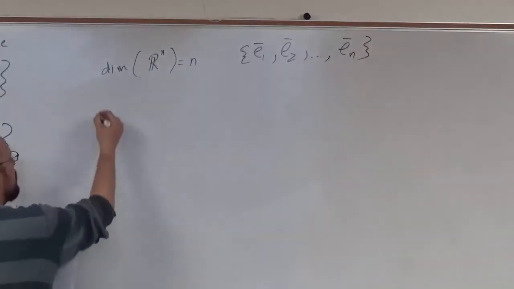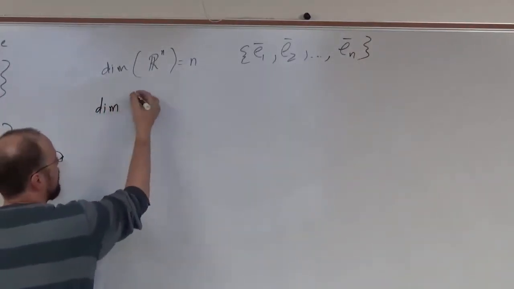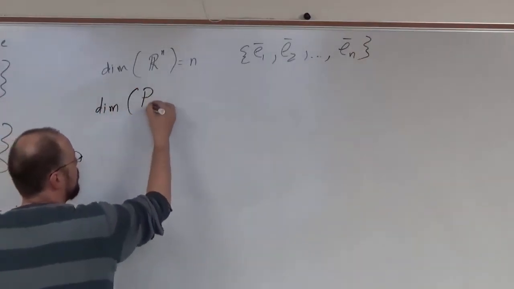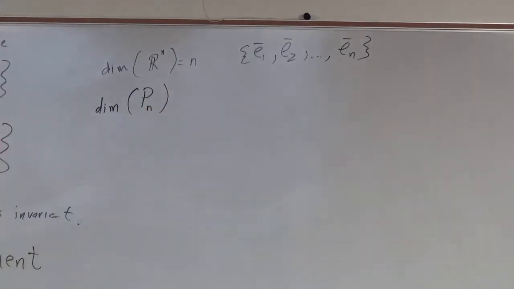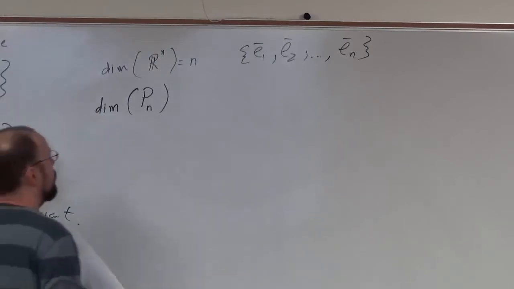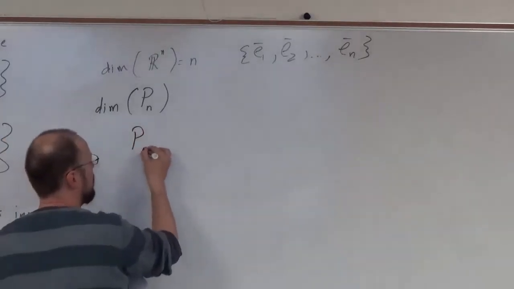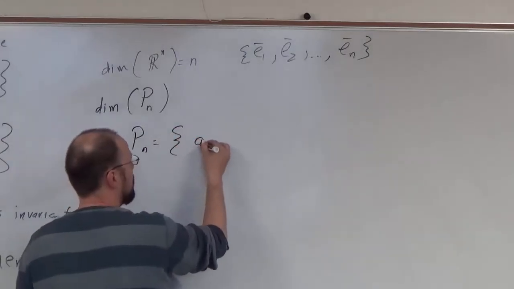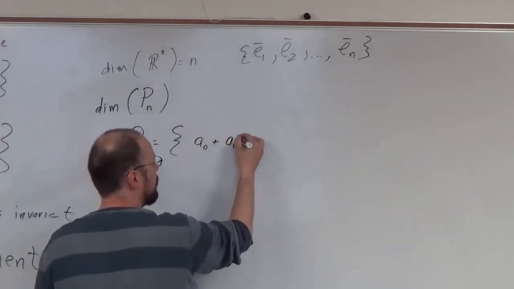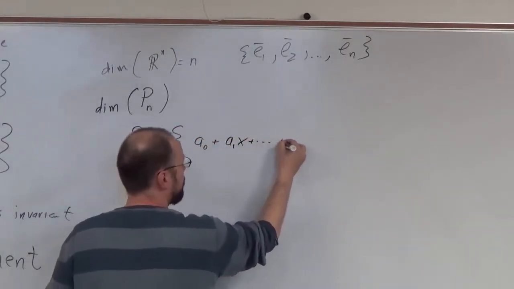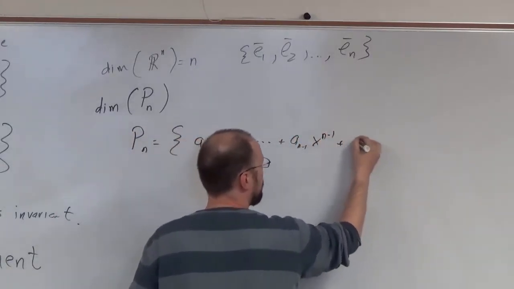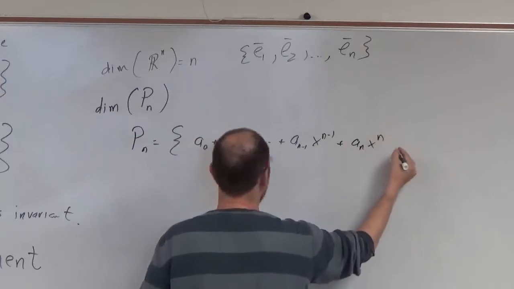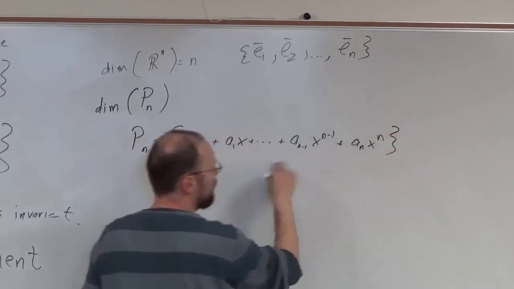Let's see, the dimension of the set of polynomials of degree n or less. What's the dimension of that space? N plus 1. Right. So if you look at Pn, this would be the set of all polynomials of degree n or less. So every one of these looks like this, and the a's are real numbers.